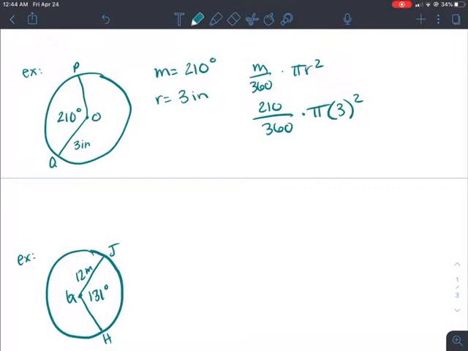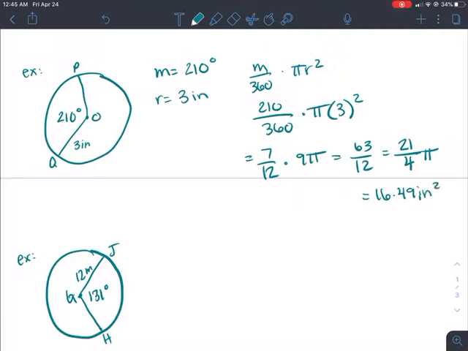You're going to reduce this fraction, which gives you 7 over 12 times 9 pi. So you do 9 times 7, which is 63, 63 over 12, which will be reduced to 21 over 4 pi. And when you plug that into your calculator, it gives you 16.49 inches squared.